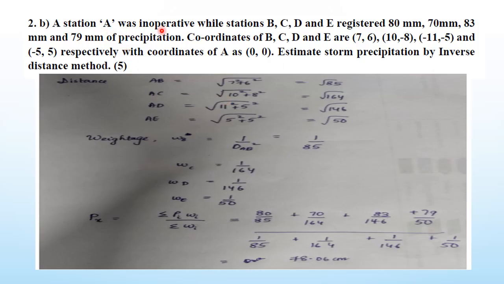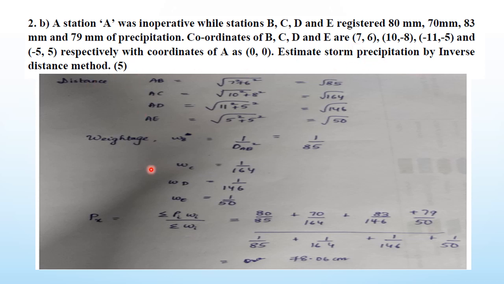Station A was inoperative while stations B, C, D, E registered rainfall of 80 mm, 70 mm, 83 mm, 79 mm respectively, and the coordinates of B, C, D, E are given. Estimate the storm precipitation by the inverse distance method.